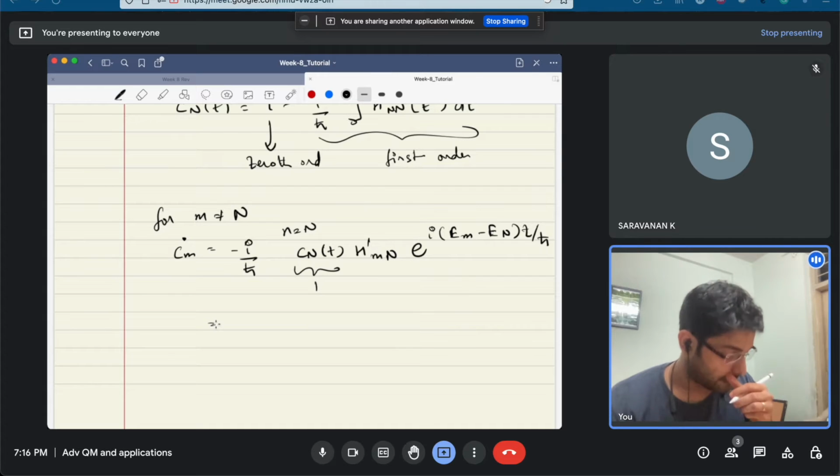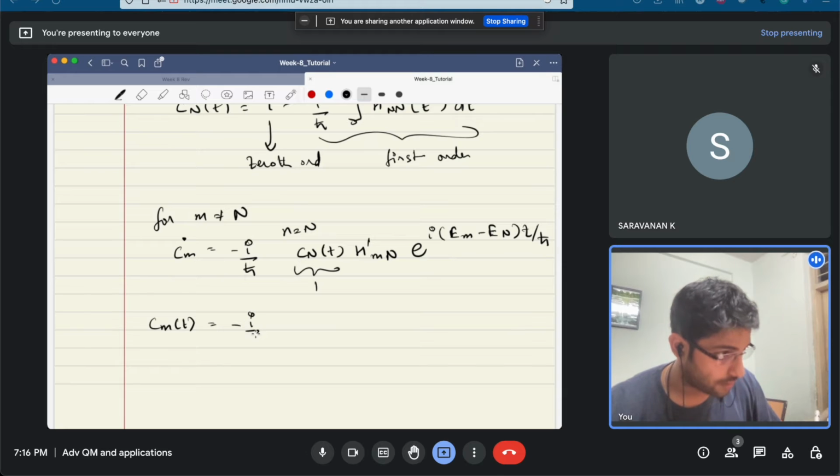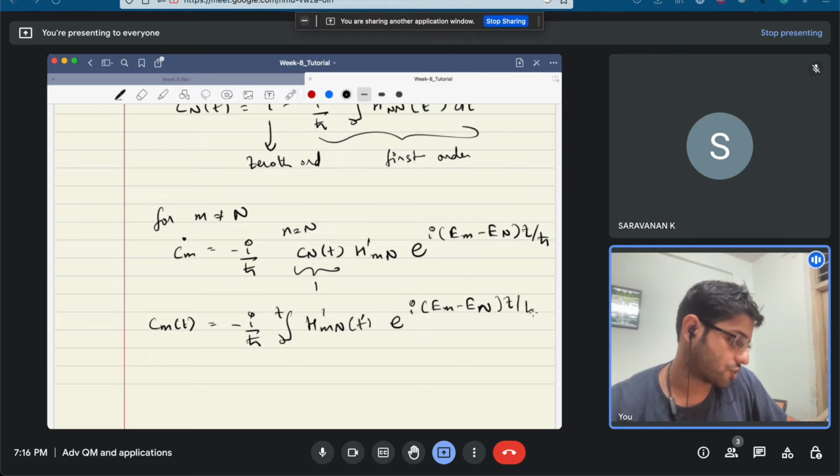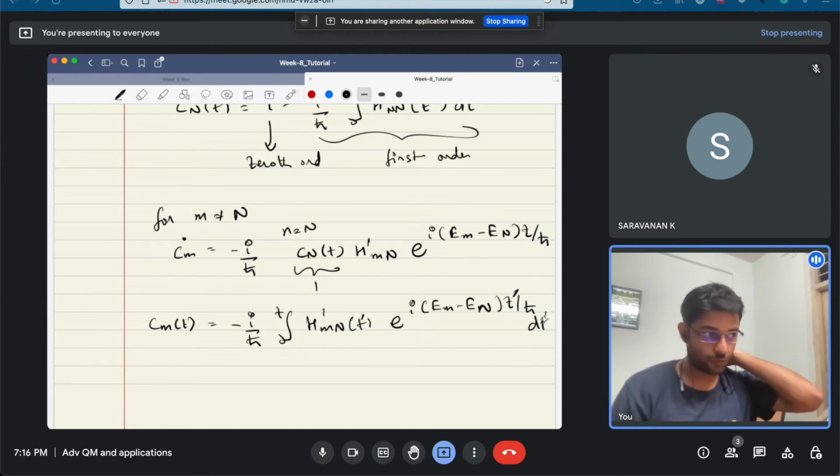So what we end up getting is Cm of t as minus i by h bar, integral from 0 to t of H prime mn, e to the power i (Em minus En) t prime by h bar, dt prime.